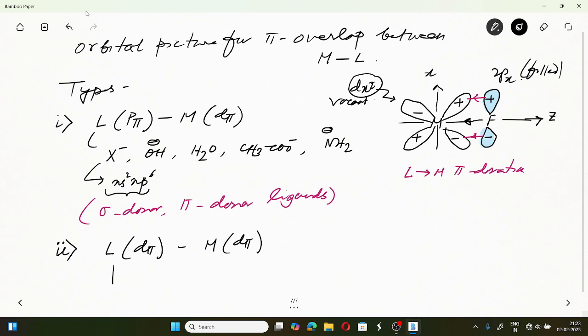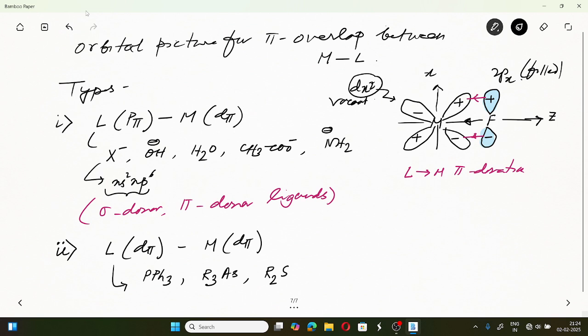So this can be like, say, triphenylphosphine, phosphorus having vacant d orbital, trialkyl arsenic having vacant d orbital. It can be dialkyl sulfide having vacant d orbital. Okay, so these types of ligands are possible having vacant d orbital.